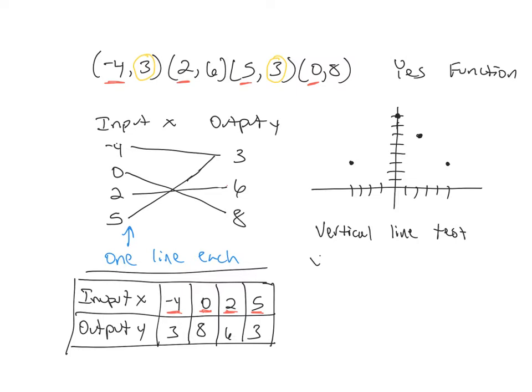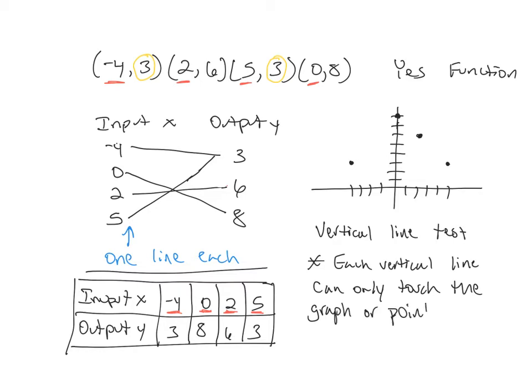Okay, so what does that test say? Each vertical line, so I can draw as many vertical lines as I want, but each one individually can only touch the graph or point once. So the point ones are typically kind of easier, but there's a vertical line and I touch the point once.